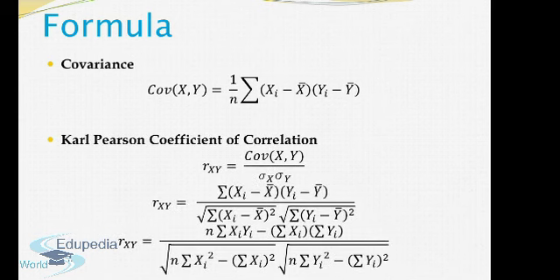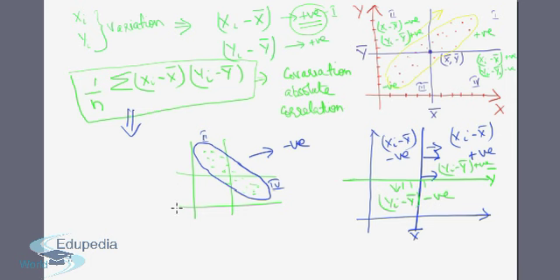Next we had seen the coefficient of correlation, or the Karl Pearson's coefficient of correlation, which is the value of the covariation which we have got here divided by the standard deviation of both the variables x and y. So let's see how we have got this. This in fact is your relative measure or the coefficient.